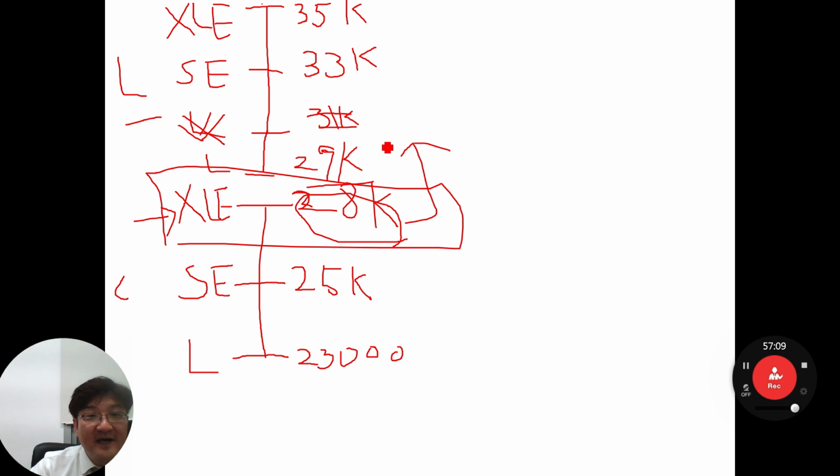In fact, the Lexus L model is eating up the Camry's XLE model. So the new product is hurting the market share or sales of the existing model. We call this cannibalization.